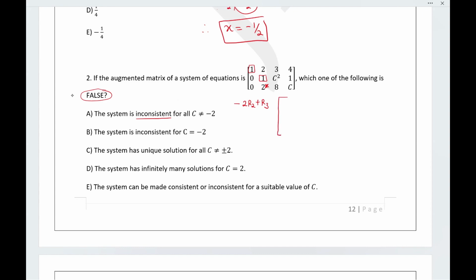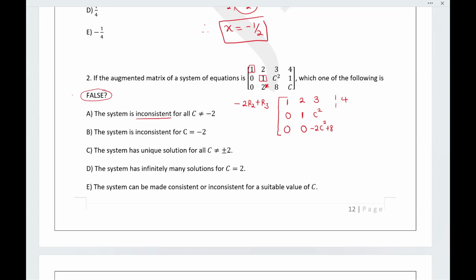So this is still 1, 2, 3, 4. This is going to be 0, 1, c squared. Here you will have 0, 0, and then minus 2R2, so it's going to be minus 2c squared plus 8.